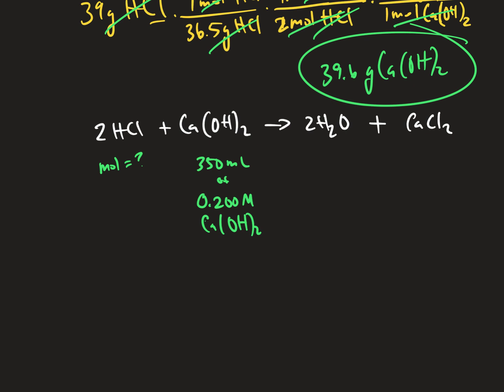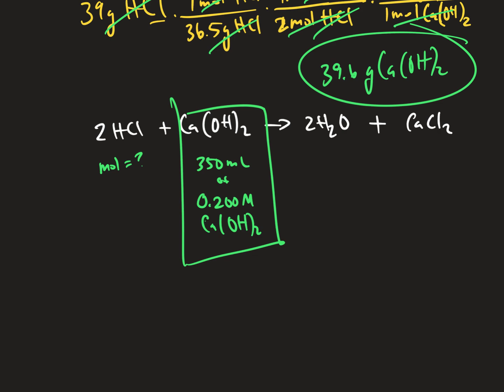So, how do we go about solving this? We want moles of HCl, and we're starting with a different substance. So what do we need before we can go to moles of HCl? Look at the mole roadmap. We have to have moles of calcium hydroxide.